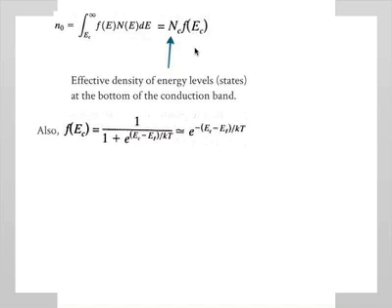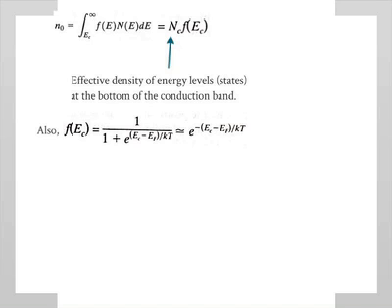Now, if you further make the assumption that the Fermi level is far enough away from the conduction band, in other words, if you look at the band diagram, you have the conduction band and the valence band. If the Fermi level, in this case of the N-type, let's say, is far enough away from the conduction band, far enough in the sense of much greater than kT in terms of energy, then we can approximate that exponential by just making this assumption.